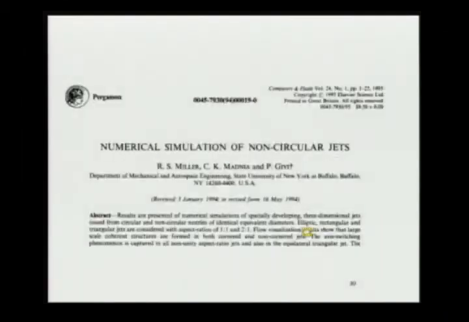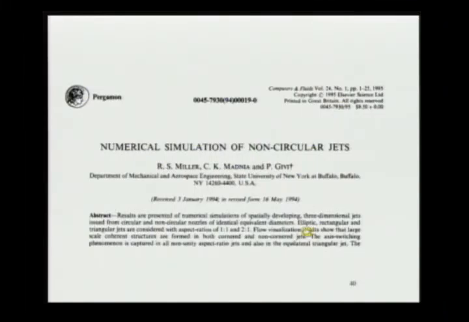Then there is another paper, well, there are plenty. But this is at the numerical level. And again, non-circular jets, and in here, flow visualization could show the large scale coherent structures. This is another of the keywords that these people really love, in both corner and non-corner jets.